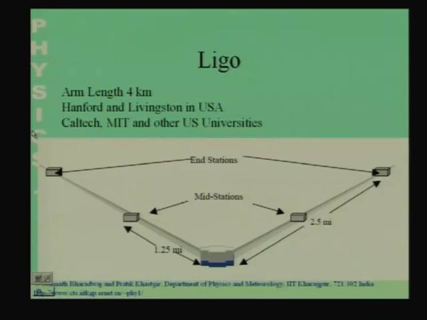It's an American project funded by various American sources, including the American government, and there are 2 such experiments being conducted in the USA, one at a place called Hanford and another at a place called Livingston. Both these experiments are Michelson interferometers with arm lengths of 4 kilometers, as you can see here.